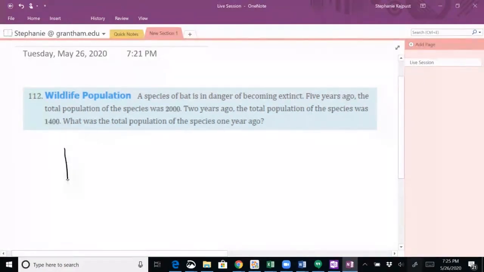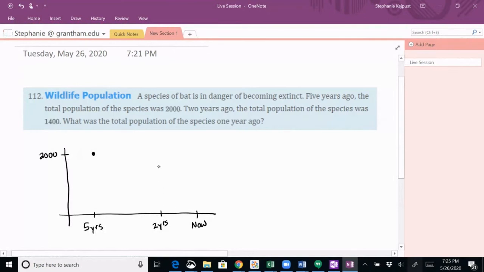This is not going to be perfectly to scale, but let's say this is now. And then we have 2 years ago, and then 5 years ago. So 5 years ago, we were at 2,000. Then 2 years ago, we were at 1,400.